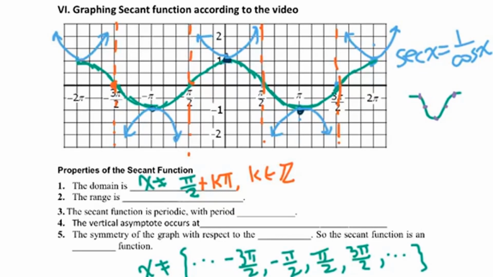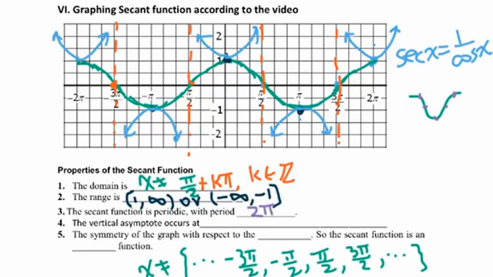For number 2, the range will be from 1 to infinity, or from negative infinity to negative 1. The secant function is periodic with period 2 pi, so it repeats every 2 pi.